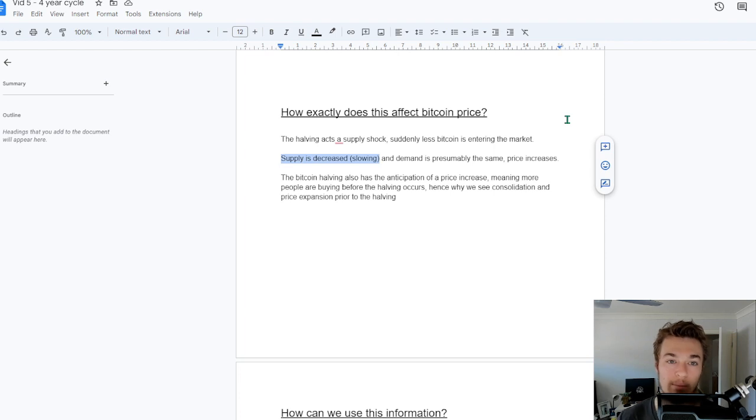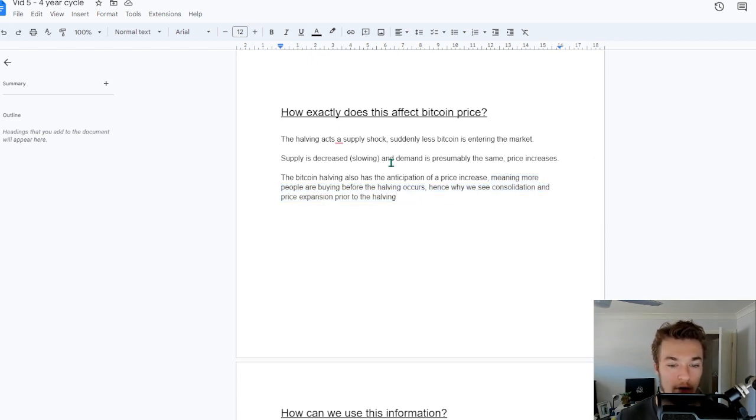So this isn't affecting buyers per se. It's affecting the supply, which will ultimately increase the price of Bitcoin. But as we were also talking about before, the Bitcoin halving also has the anticipation of a price increase, meaning more people are buying before the halving occurs, hence why we see consolidation and price expansion prior to the halving.